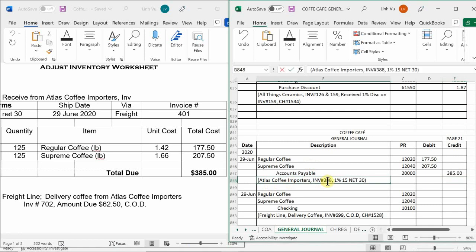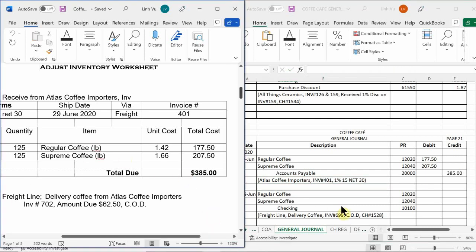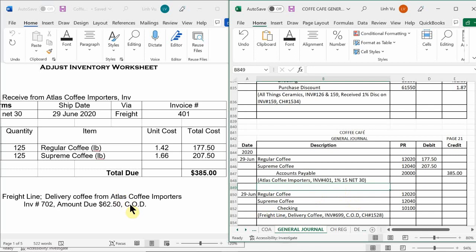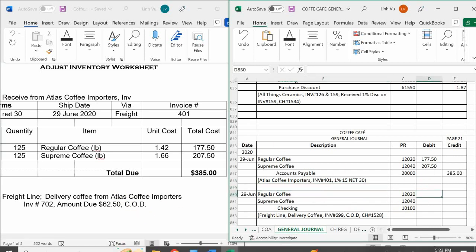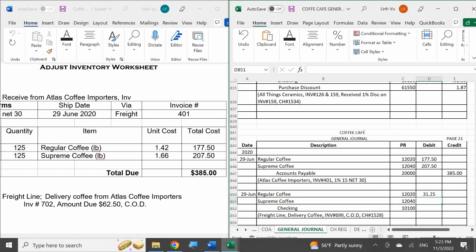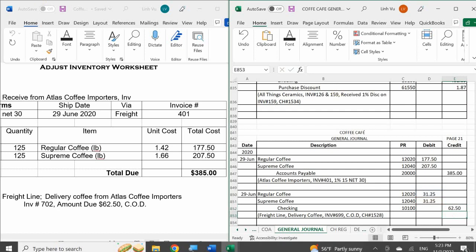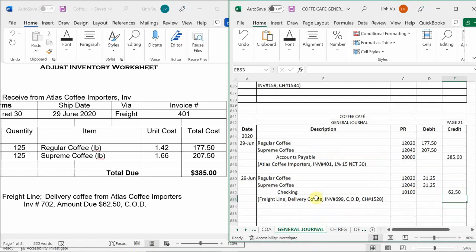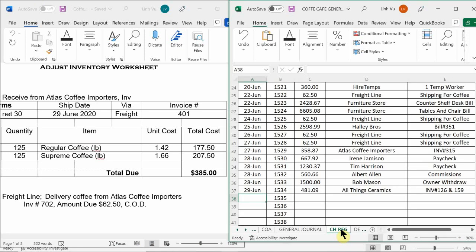Invoice number 401. Okay, and then we're going to also update our freight here, the COD, for $62.50. So once again, that's $31.25 each to get you a total of $62.50. Okay, and we're going to cut another check to Freightline.